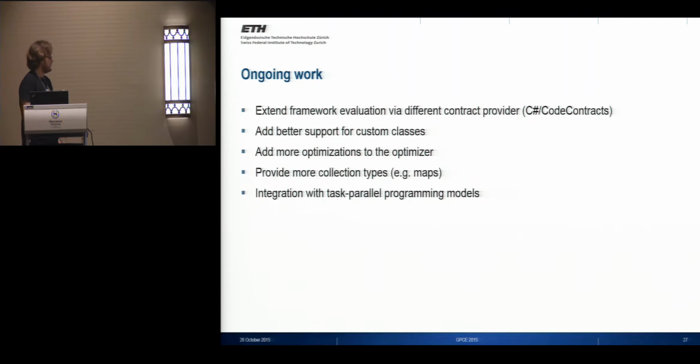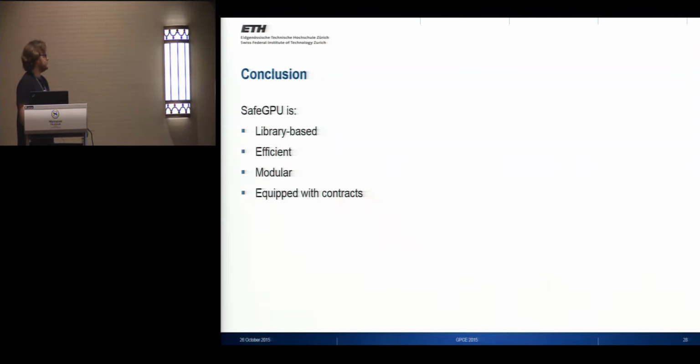Of course, adding more optimizations to the optimizer is always an option. It would be interesting to provide more collection types, for example, associative arrays or maps. And we want to investigate how we can integrate the SafeGPU approach into task parallel models because we want to have the advantage of both models.